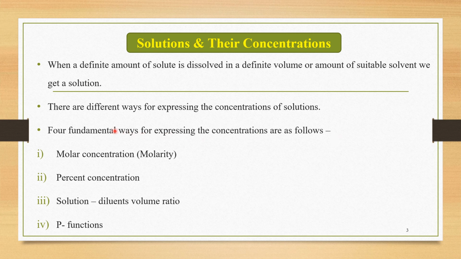The first one is molar concentration, which we commonly call molarity. Second one is percent concentration. The third one is solution diluent volume ratio, and the fourth one is p-functions. So these four fundamental ways are there for expressing the solution concentration. Let us study these four different ways one by one.